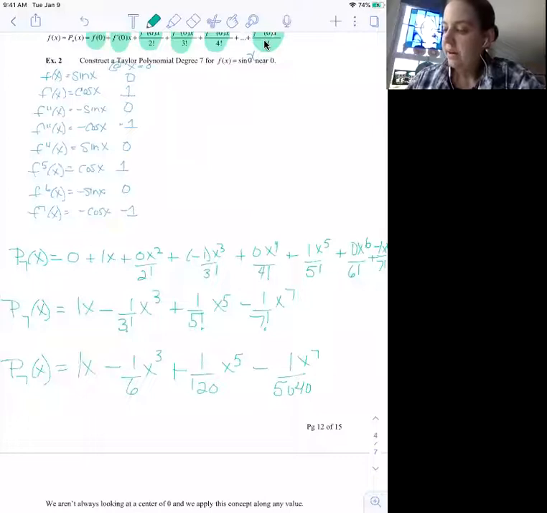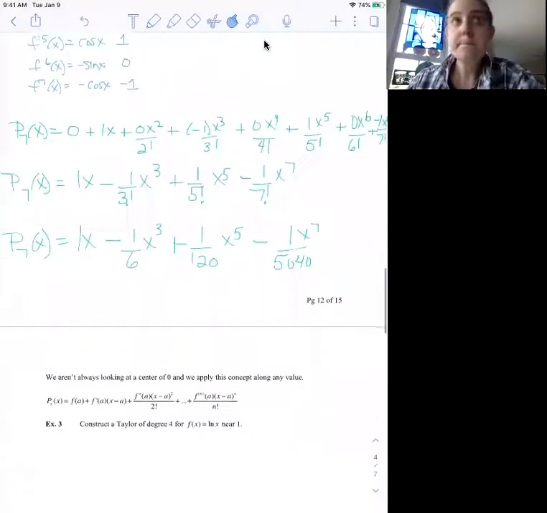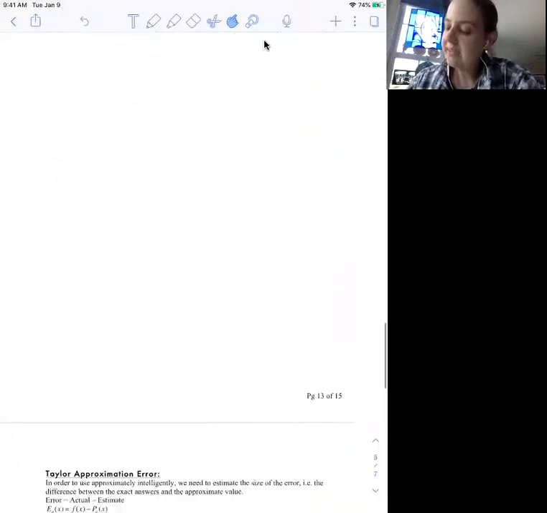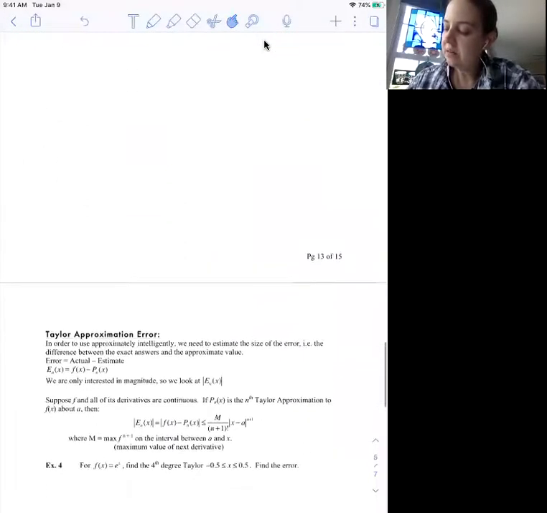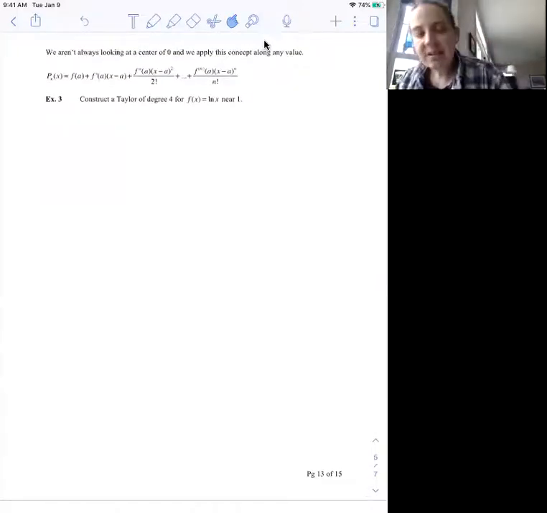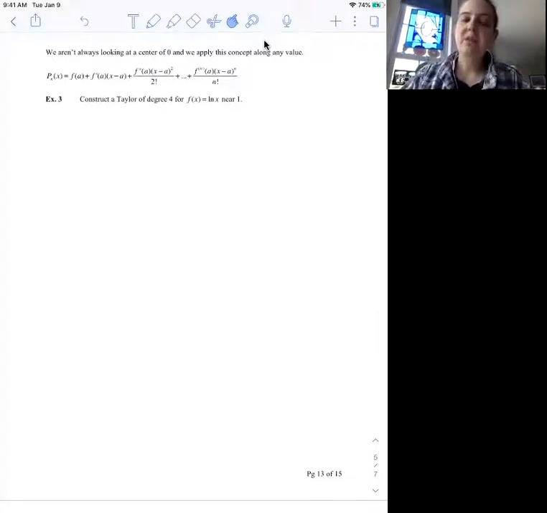All right, what else do we have? You don't always have to be centered at 0. All right, there's error. We're going to talk about this one that's not centered at 0. You can be centered at anything else. You just have to account for the shift, and that's what you see in the formula.